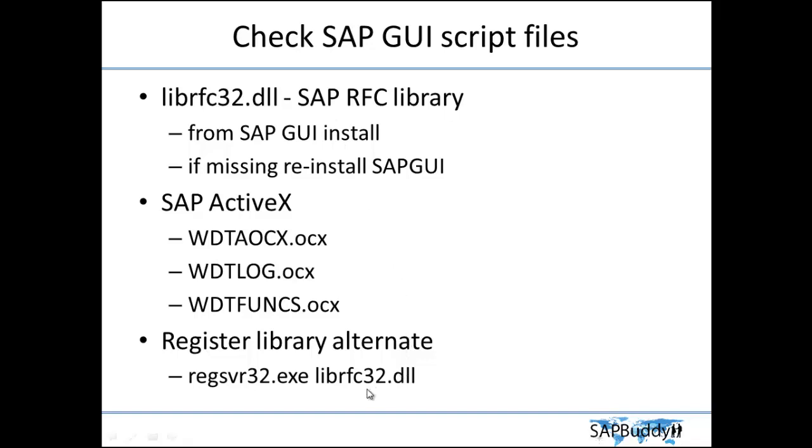If it is not registered, for example if you are manually copying this file from a different system, you can register it with Windows using regsvr32.exe followed by a space and rfc32.dll. You go to the command prompt of Windows and execute this command, then it will automatically register this DLL file to the local Windows.